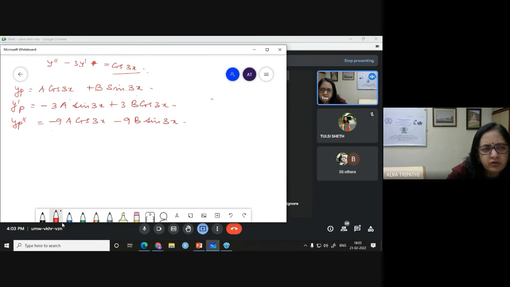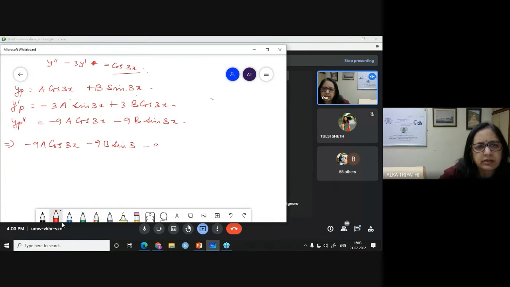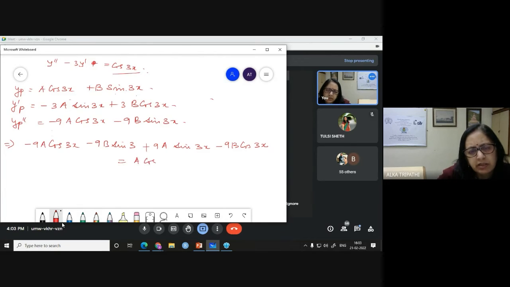Substituting these values in the original equation, we will get minus 9a cos 3x minus 9b sin 3x, minus plus 9a sin 3x, and then minus 9b cos 3x, equal to the right side.